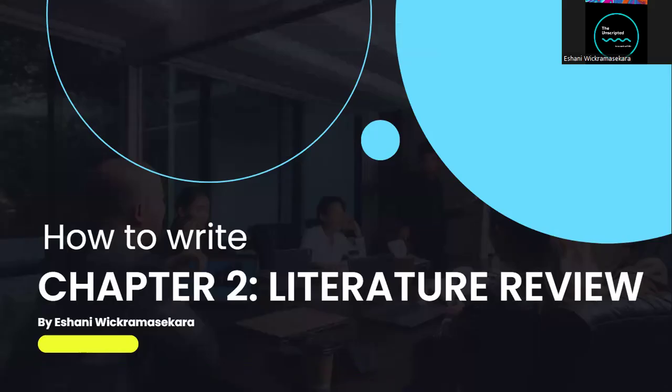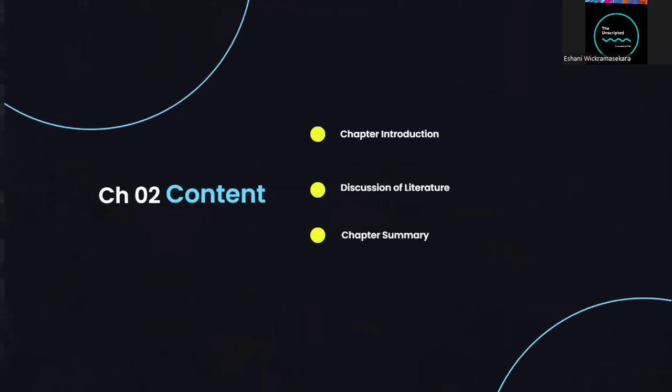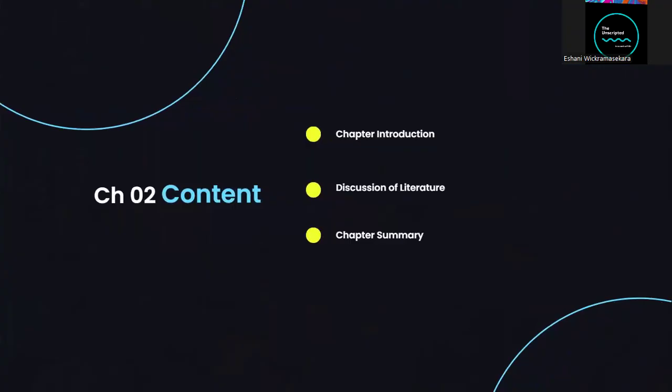Literature is already published existing knowledge that you can find in different journal articles, books, or maybe websites, which have been published by other scholars who found this knowledge by undertaking research studies, right? So in your chapter 2, what are the main items that you have to include?